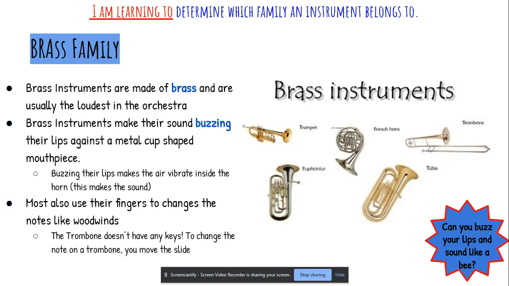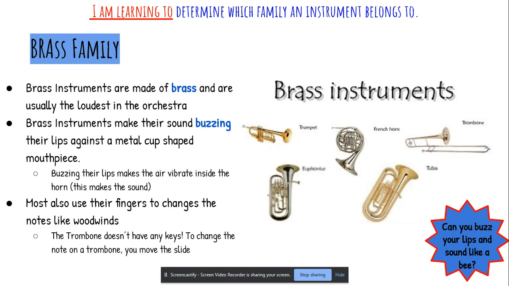So that's what all brass players have to do to make sound. And some of them have really big mouthpieces like the tuba, and some have really small mouthpieces like the trumpet or the French horn. But they still have to buzz their lips, which blows air into the instrument and makes the sounds.